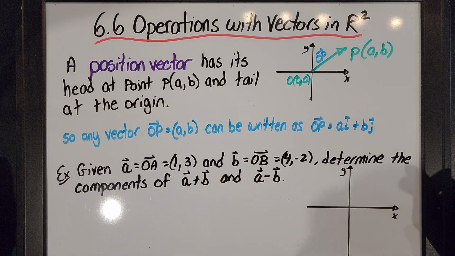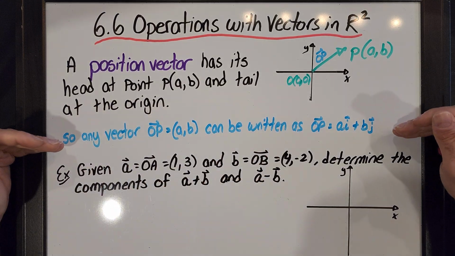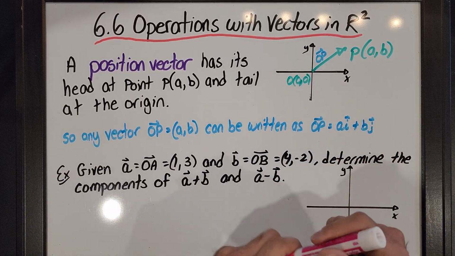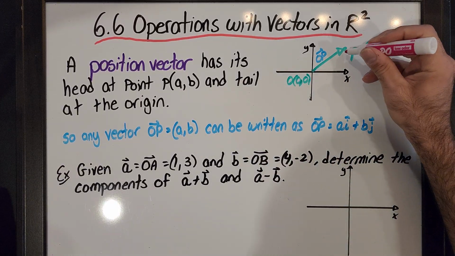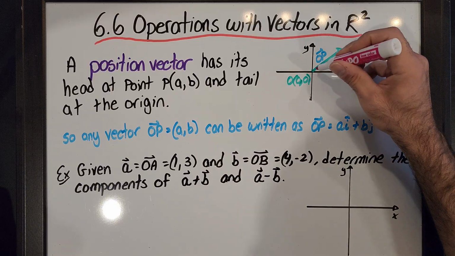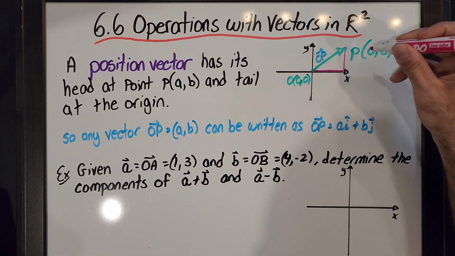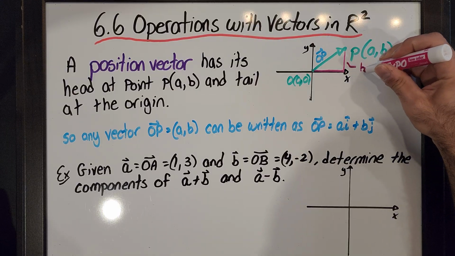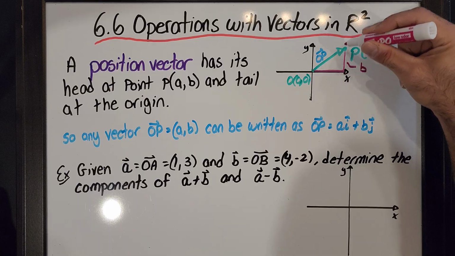the origin, 0, 0. Which means that any vector can be written as a sum of two components. So for instance, if this is AB, then we know this already, that the vertical distance here is just going to be the y value, B, times the direction of this component.